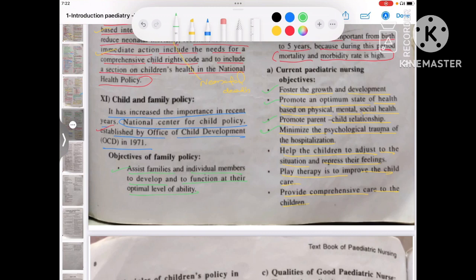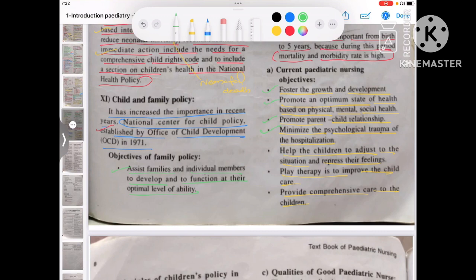Then minimize the psychological trauma of hospitalization. A very sick baby staying in the hospital feels very uncomfortable, and we have to minimize the psychological trauma. The baby shouldn't feel that he is in the hospital.